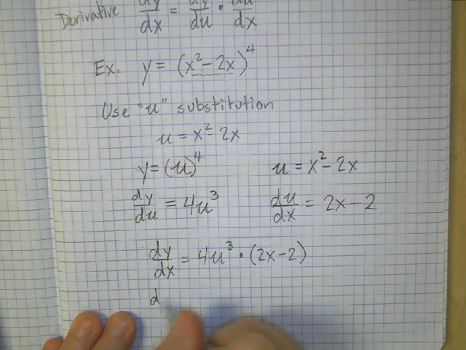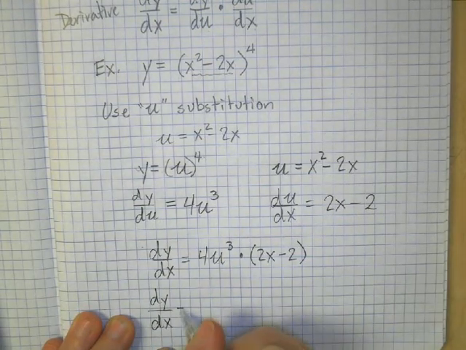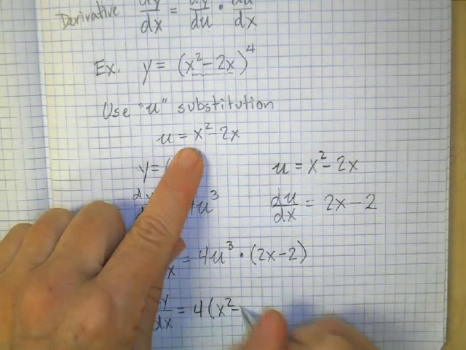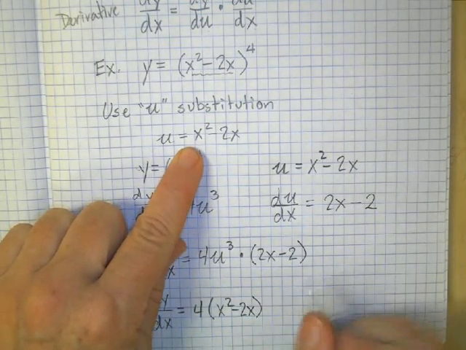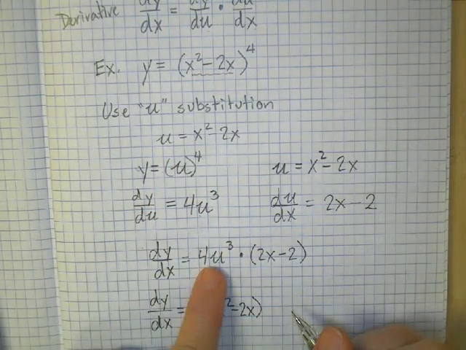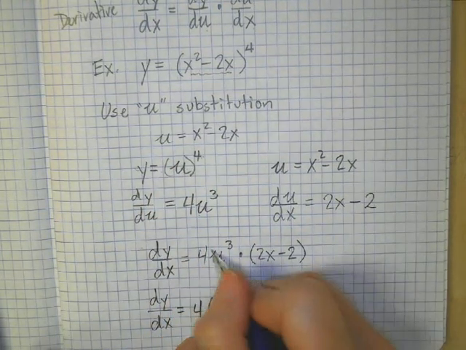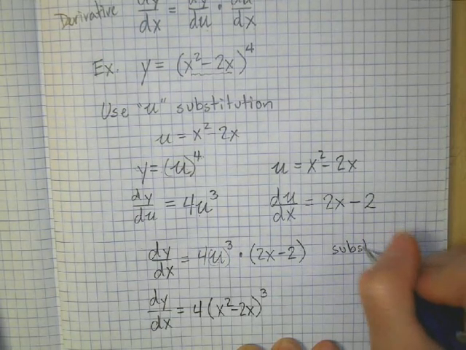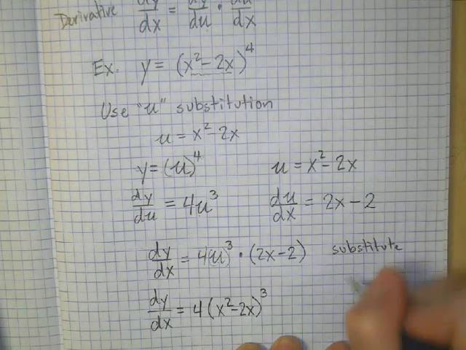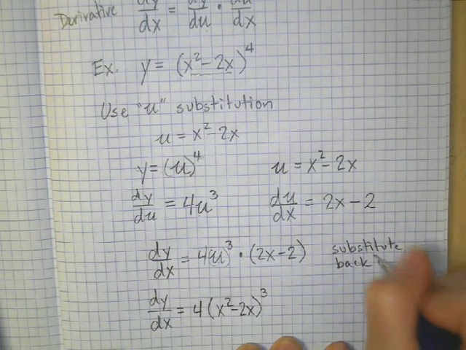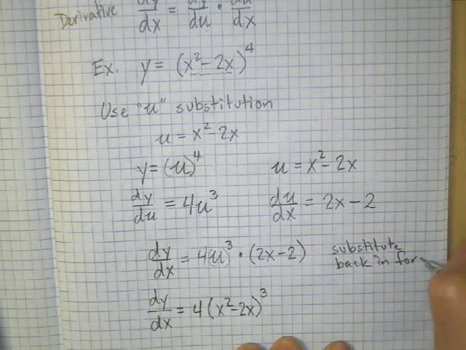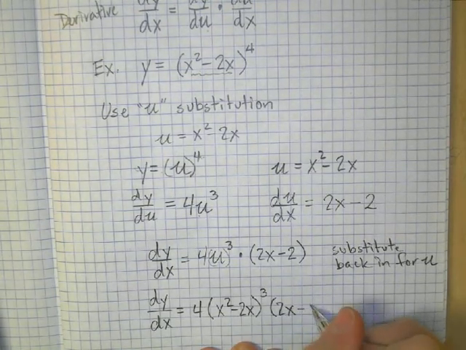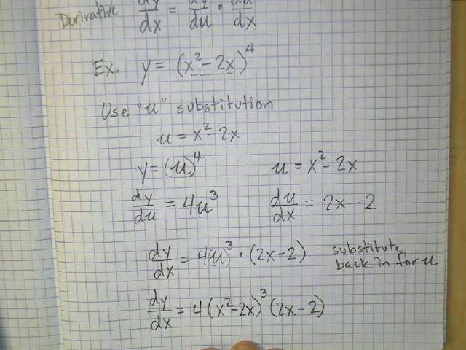So dy dx is equal to 4 times, what was u? X squared minus 2x, and then to the 3rd. Okay, so I'm substituting back in my u. So substitute back in for u times 2x minus 2. So there is my derivative function.